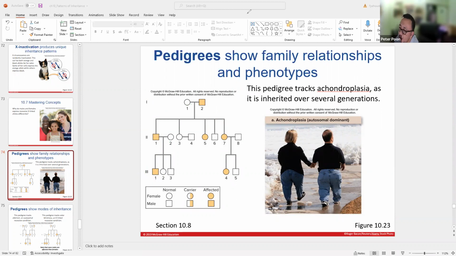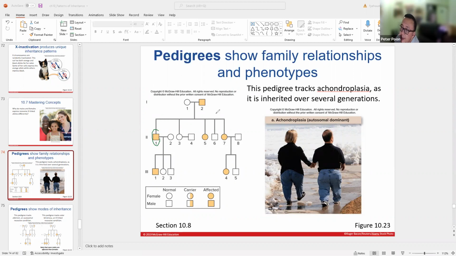So make sure you understand what these terms mean. The filled-in ones mean affected. The half filled-in ones mean they're carriers. And the empty ones mean they're normal.